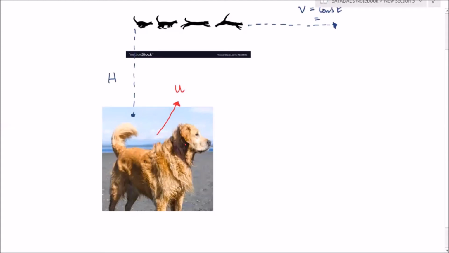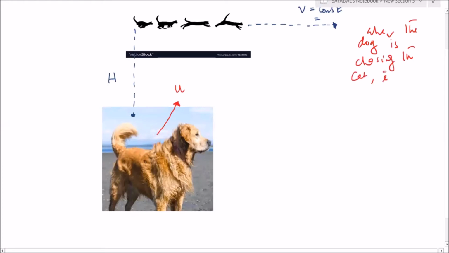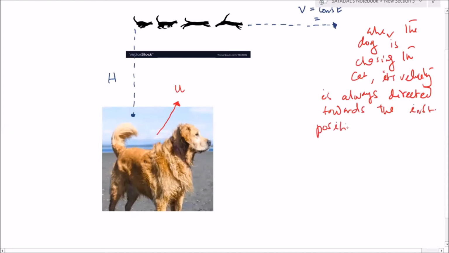When the dog is chasing the cat, its velocity is always directed towards the instantaneous position of the cat.